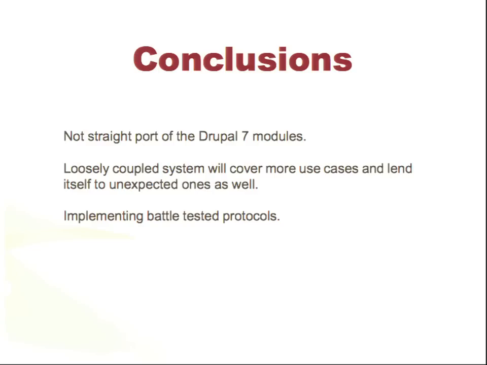We can do the simple workflow, we can do merge workflow, we can replicate content in a ring, etc. And the system will also lend itself to some unexpected use cases, I think, when we're reusing API specifications and so on. And more importantly, we're implementing, as I just said, battle-tested protocols here. We know that these things work. Why reinvent them ourselves? Drupal 8 has sort of gone with that concept all the way from reusing Symfony and so on. So why reinvent the API specification?